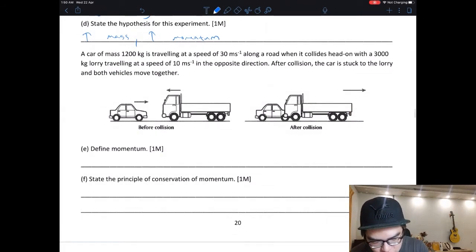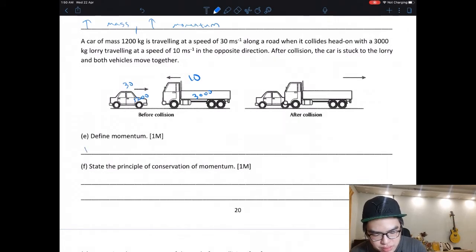Same concept as just now. This car is 1002 kg, traveling at 30, in a head-on collision with a 3000 kg lorry at 10. After the collision, they are stuck together and they move together. What is momentum? Momentum is a product of mass and velocity.